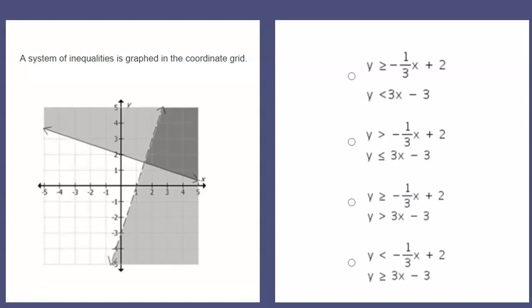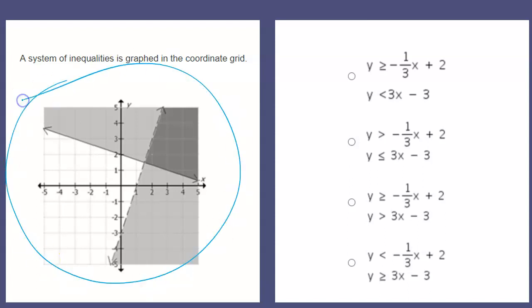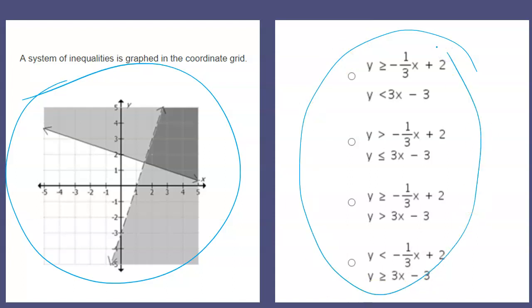I'm just trying to see if there are any word problems that might appear on your test, and I don't see any. So the main things you need to be able to do here: you need to be able to graph a system of inequalities. You need to be able to look at a picture of a system of graphed inequalities like this and match it up to the system itself.